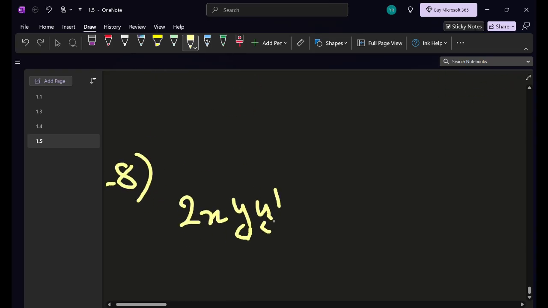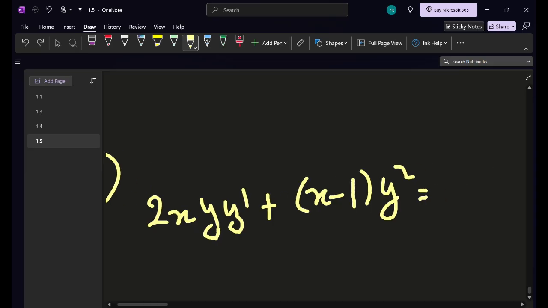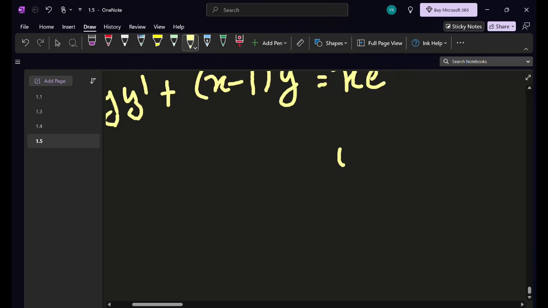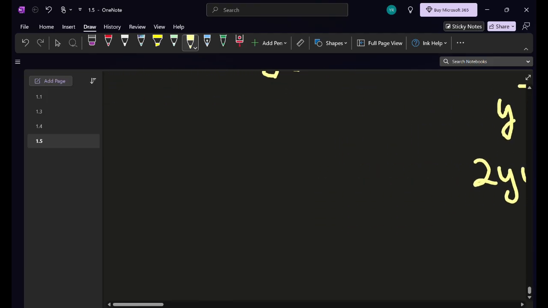So let's just do this. 2xyy' plus (x minus 1)y² is equal to x² e^x. The y² we are going to put as z, so 2yy' is going to be z'.